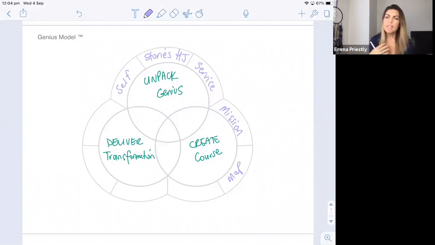So the map is very much the structure, the journey of where you want to go. But when we're creatives, when we're coaches and healers that really want to kind of move with what we're feeling at the moment, right? We have these downloads, we have this ability to channel, we have this ability to have these light bulb aha moments.